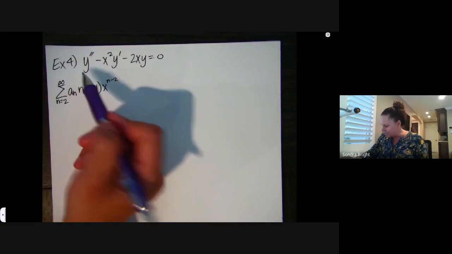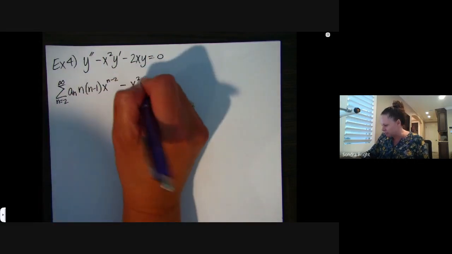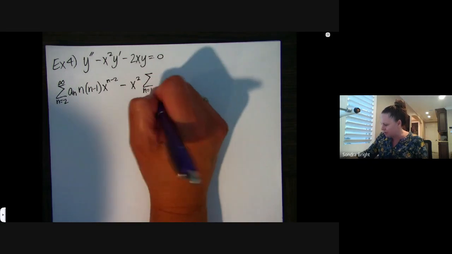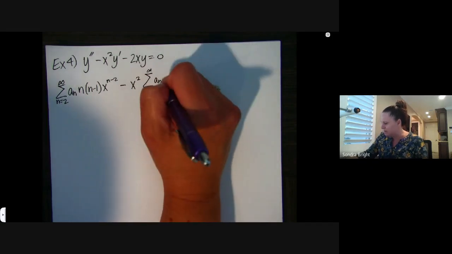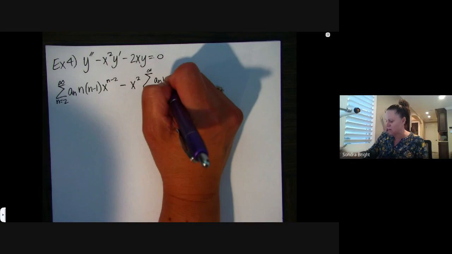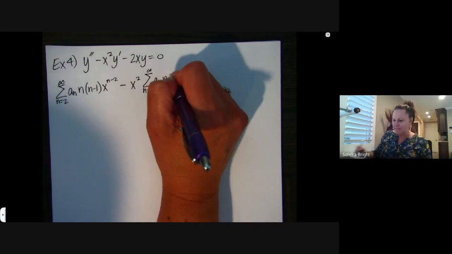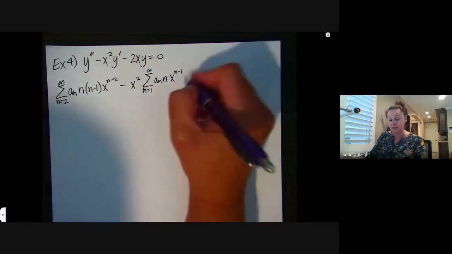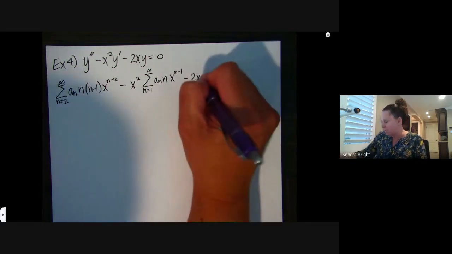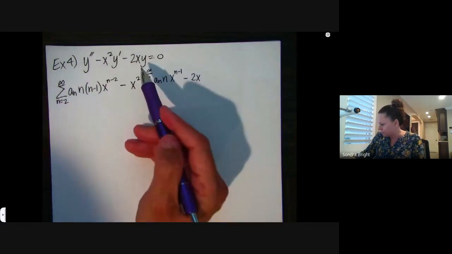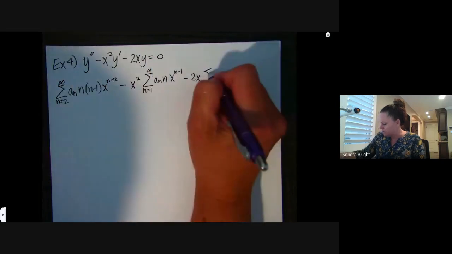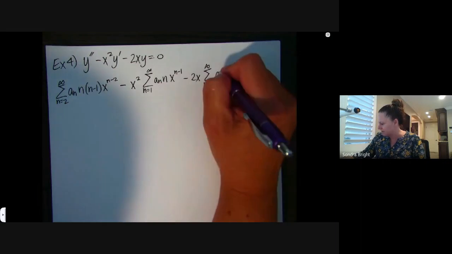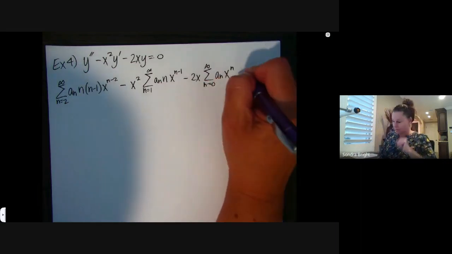Then you have a minus x squared times the power series for y prime, which is n equals 1 to infinity of a sub n times n times x to the n minus 1. And then minus 2x times the power series for y, which goes from 0 to infinity of a sub n x to the n, and that's equal to 0.